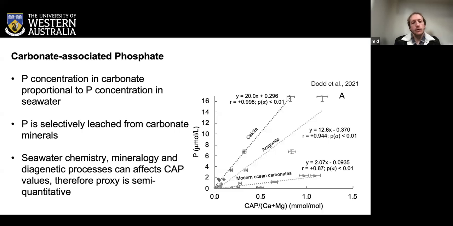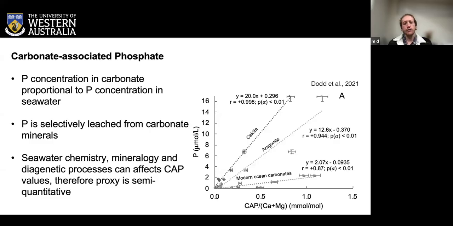So our tool of choice for this study was a relatively new proxy that we developed a few years ago now, which was carbonate-associated phosphate. This is very similar to carbonate-associated sulfate, which a lot of people will be familiar with. The proxy is, at its simplest, the incorporation of phosphorus from seawater into carbonate minerals as they precipitate.